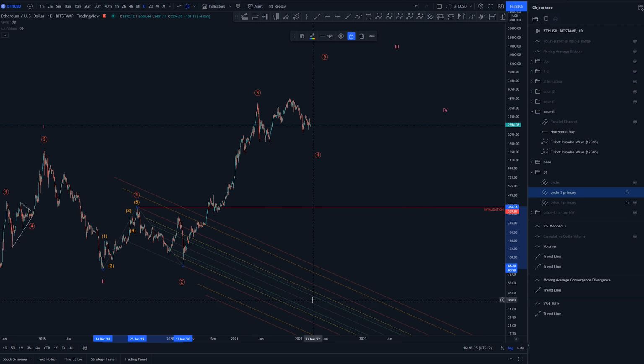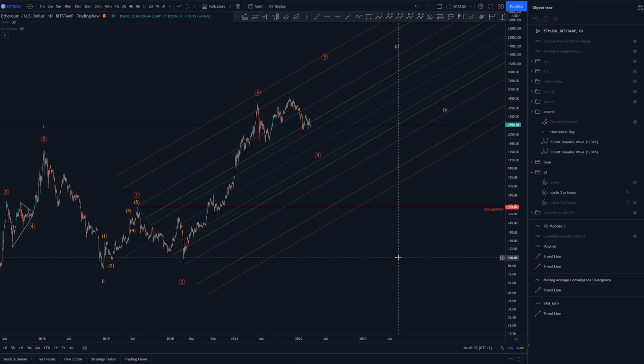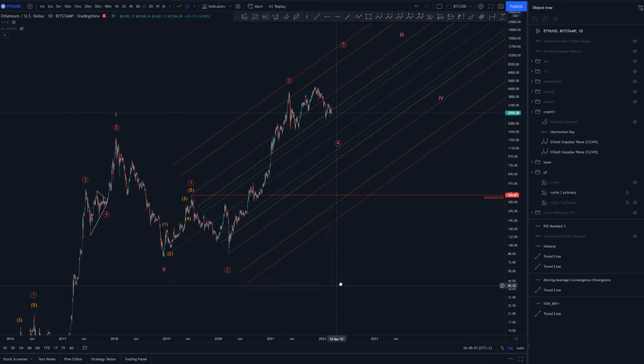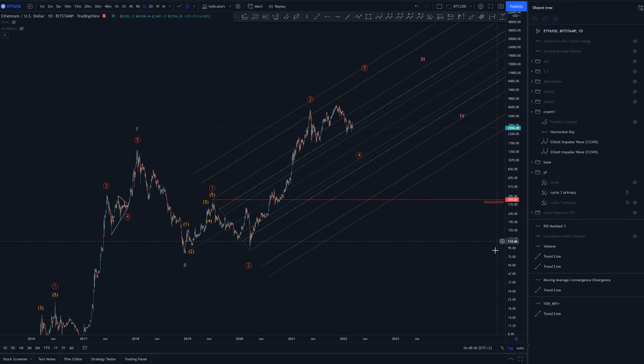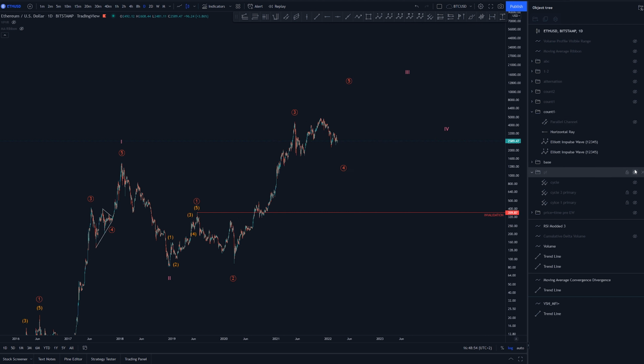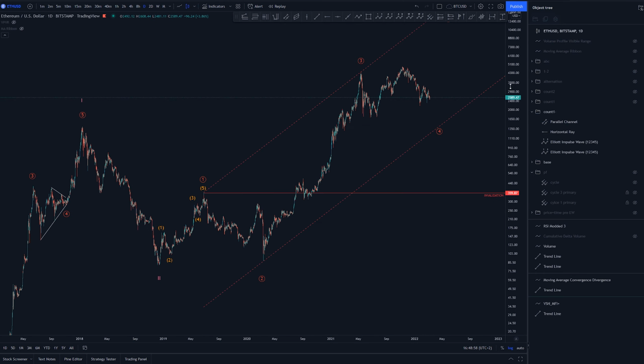I usually use the original one, as these other ones can be used for other things, non-impulsive I guess. But I think that is some educational content, and maybe we'll get into that a bit later. But let me hide this pitchfork here and bring up this count.